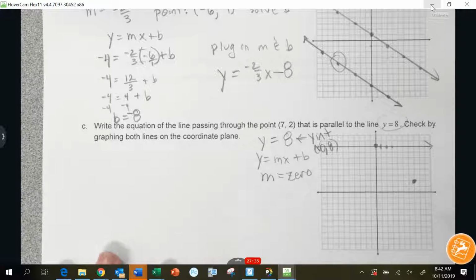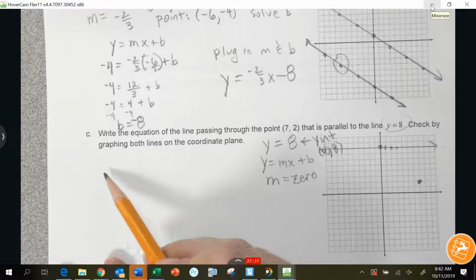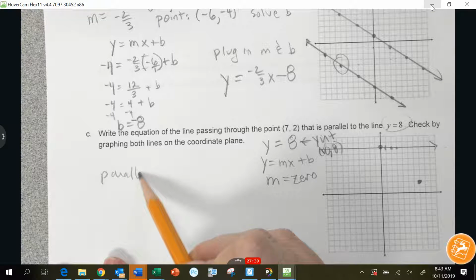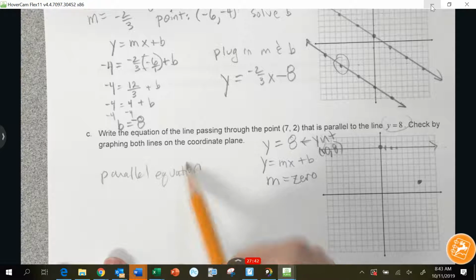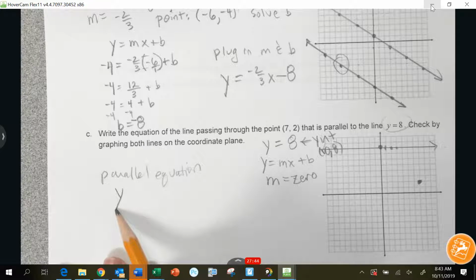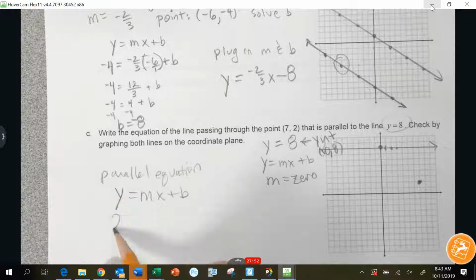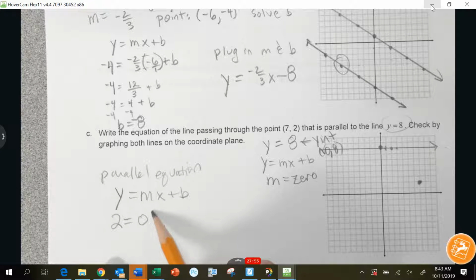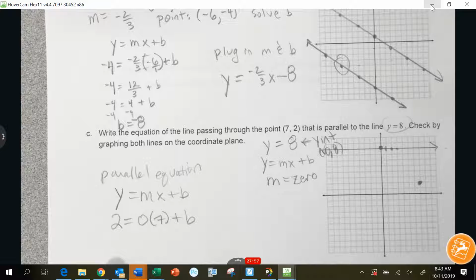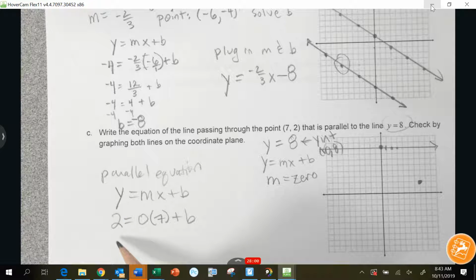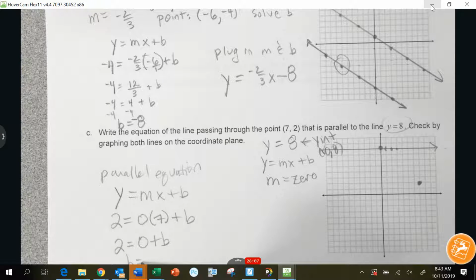There are 2 ways we could do it: graphically or algebraically. Parallel equation. If the slope has to be 0 and I plug in my ordered pair 7, 2, so 2 equals 0 times 7 plus b, what does b have to equal? 2.